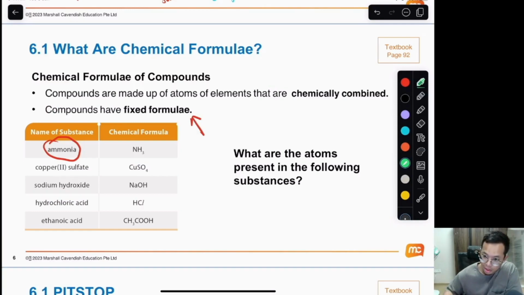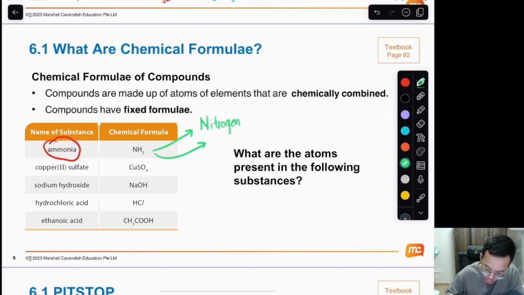For ammonia, let me erase this first. You have N, and N, if you take a look at your periodic table, stands for nitrogen. You also have H, and H in your periodic table stands for hydrogen.